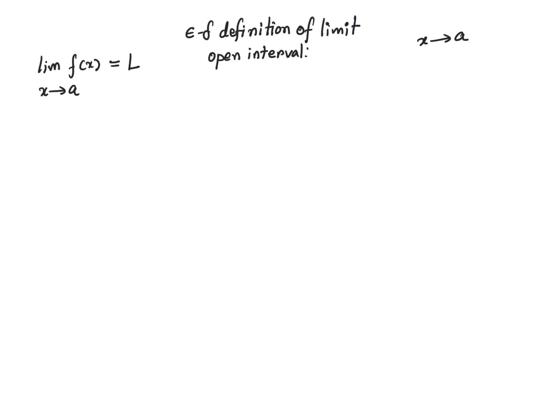For the sake of simplicity, an open interval is just an interval that does not include the boundary. For instance, (1, 2) is an open interval because it does not include the boundary points 1 or 2. On the other hand, a closed interval, like [1, 2], includes the boundary points.